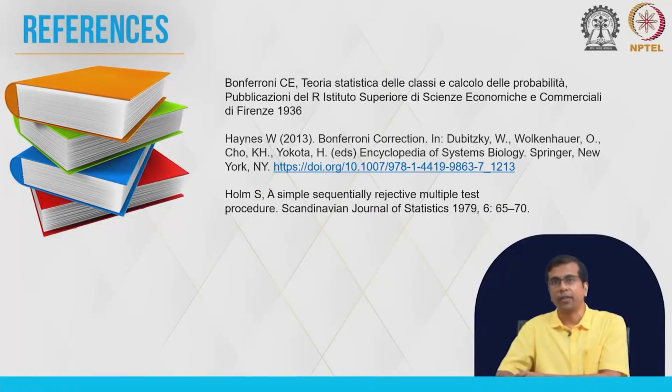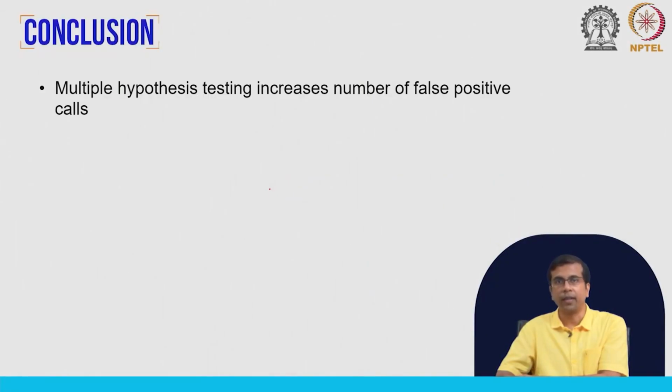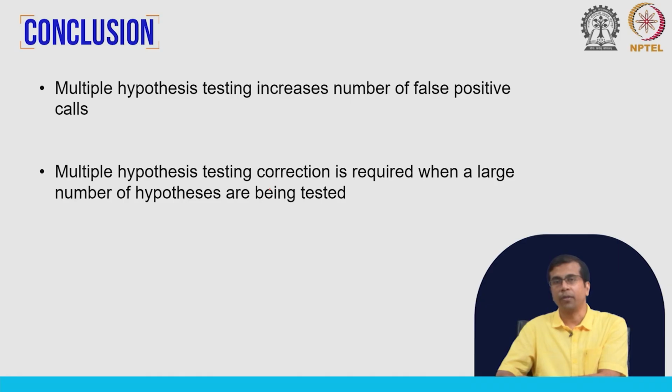Okay. So, these are the references for this lecture. What we have seen is that multiple hypothesis testing increases the number of false positive calls. Using two approaches we have discussed how that happens. We have also talked about how we can do this correction, and we have mentioned that hypothesis testing correction is required when we are doing a large number of hypothesis tests.